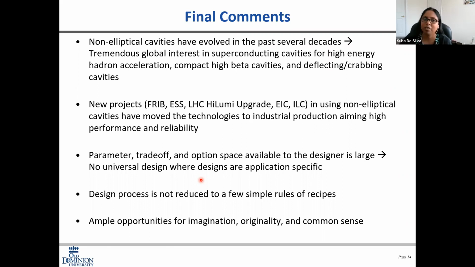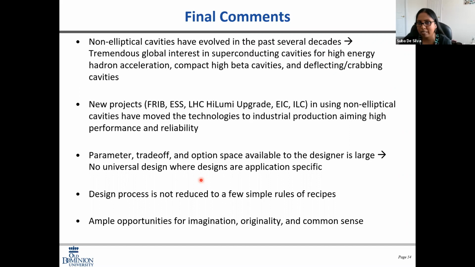One area you can compare is the high beta region. In the high beta region, you have elliptical cavities as well as spoke cavities. And the spoke cavities at high beta, say 0.8 or 1, have slightly higher peak field ratios compared to a standard elliptical cavity. But there are other advantages where you can use this kind of cavity.